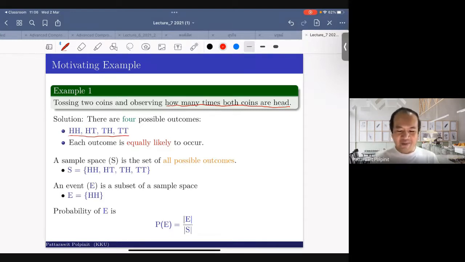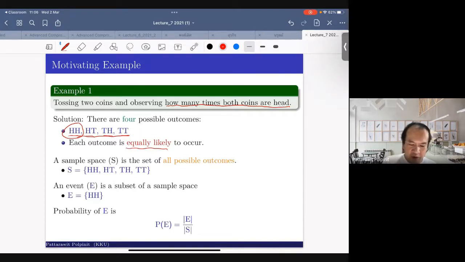As you can see, among HH, HT, TH, TT, there's only one outcome that has both coins as head. Because the coins are not rigged, the outcomes are equally likely. Equally likely means it's random, so the outcome would be equally head or tail.